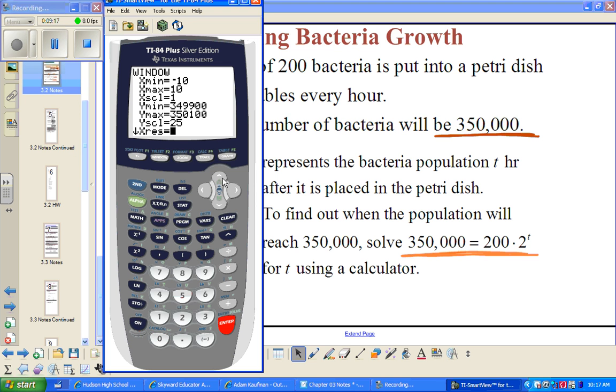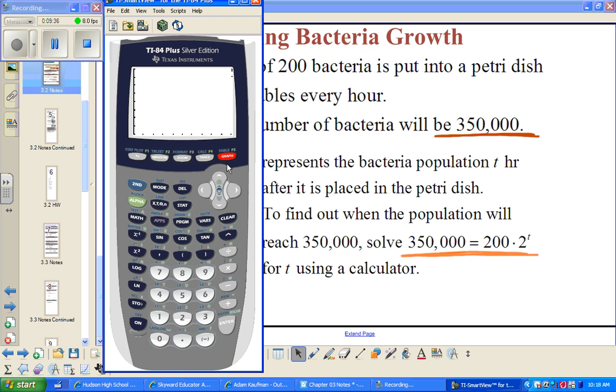You could have a lot of different windows here. I just want to make sure I see what I want to see. Now I don't know how many hours it'll take, so I know it's going to be greater than 0. And let's just throw in 20 hours and see what happens.